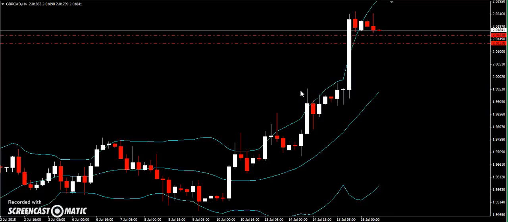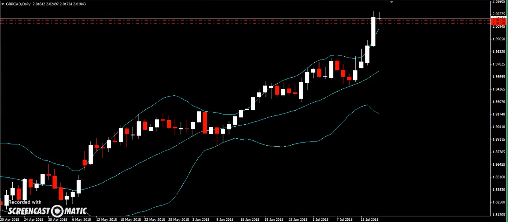So this is GBP CAD, and we're looking at the 4-hour time frame. Again, very similar pattern. We get a selling signal up here. We pushed out, we flattened out, and I'm looking for that pullback again. Take a quick look at the daily chart.